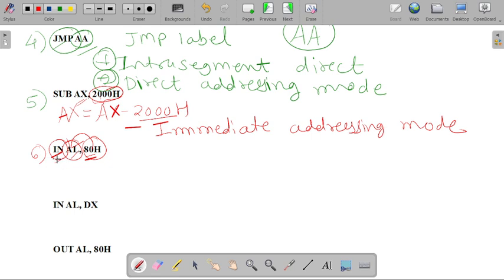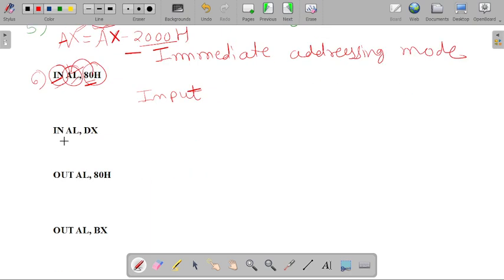Whenever IN is given in the instruction, we write input addressing mode, but whenever OUT is there in the instruction, we write output addressing mode. But what is the difference if the instruction is given as IN AL, 0AH? 0AH is the location, and it is directly given in the instruction. So this type of addressing mode will be direct input addressing mode.